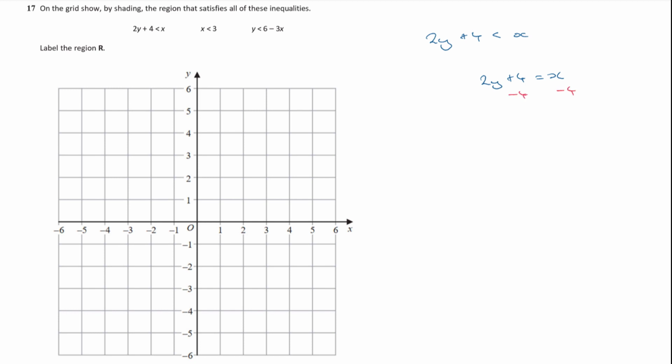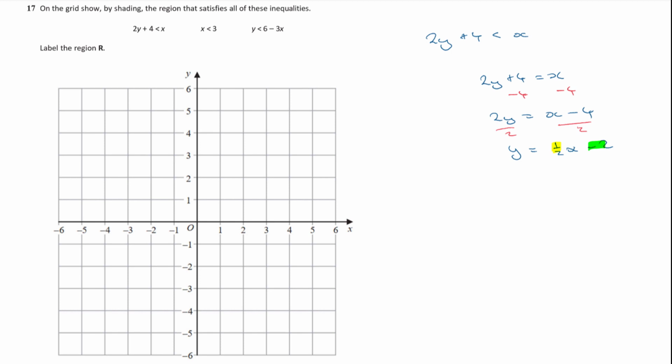I'm going to get 2y equals x minus 4, and then dividing both sides by 2, I'm going to get y equals a half x minus 2. I'm just dividing the 2 into the x and into the 4. So this tells me the line has a gradient of a half and a y-intercept of -2.